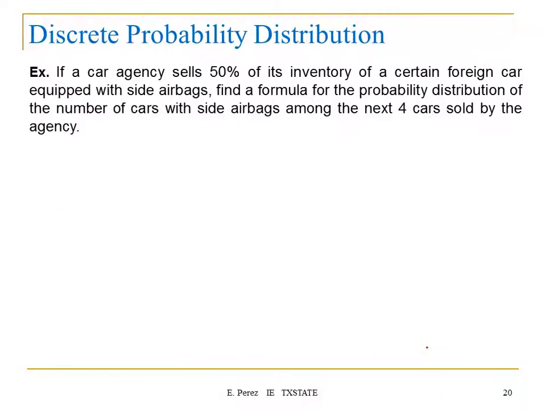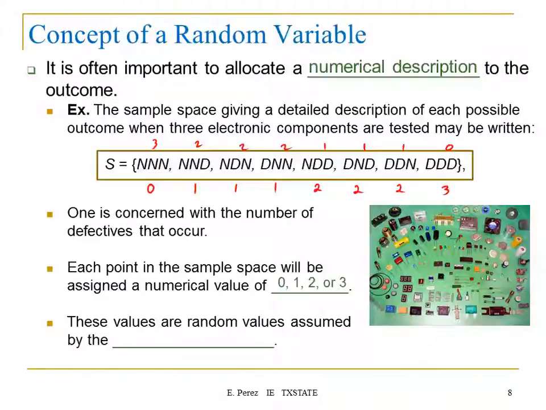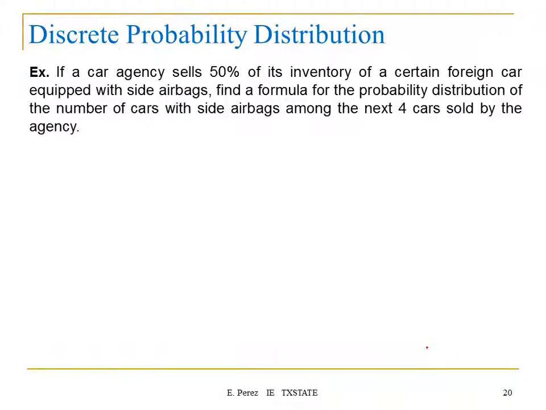So how would you define such a random variable? You're looking at the next 4 cars and you want to know how many of them are equipped with airbags.